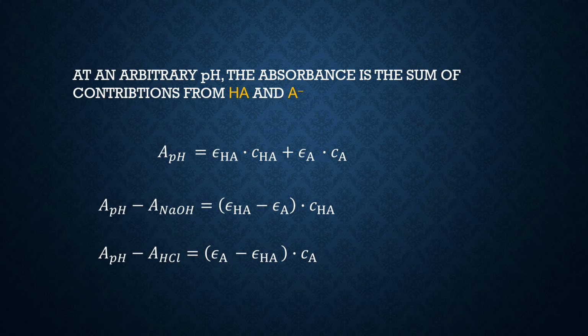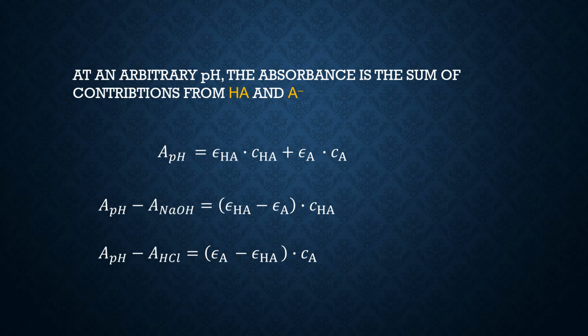If I do the algebra, I get the indicated equation, namely the absorbance at an arbitrary pH minus the absorbance in the NaOH solution is equal to a bracket expression, the difference between the two extinction coefficients multiplied by the concentration of HA.